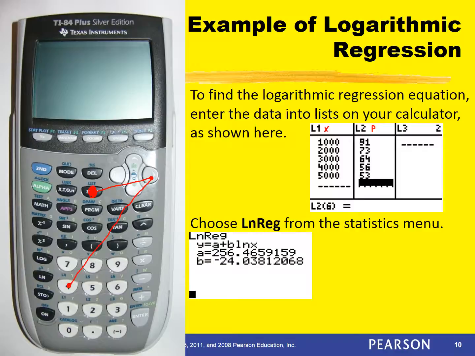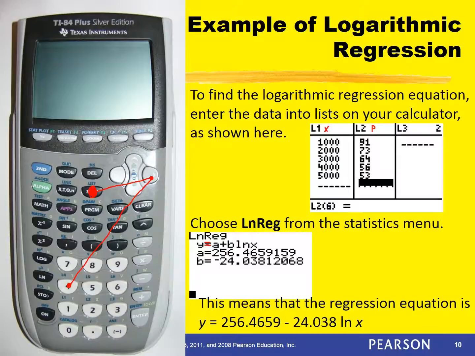And if you have the data input, it will return a y equals a plus b ln x, coefficients for a and b. And so those values of a and b substituted into this y equals a plus b ln x form will give you a logarithmic equation in two variables, which can be used to model the relationship between x and p.